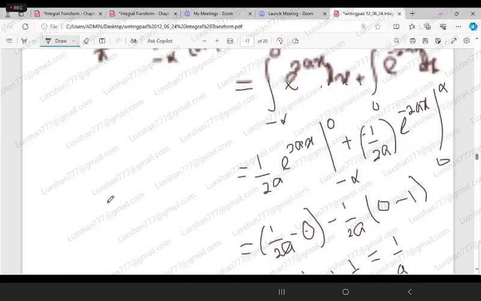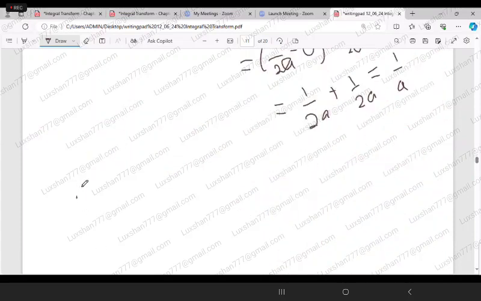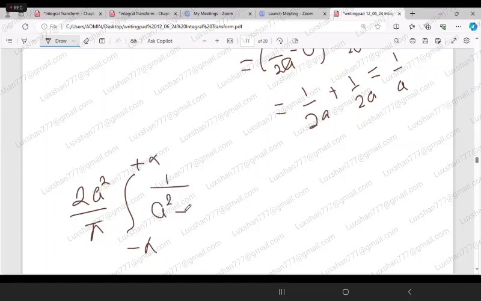So we are now having 2a squared over pi. But look, the integration is not 0 to infinity. Still we have minus infinity to plus infinity, 1 over a squared plus omega squared, whole squared.